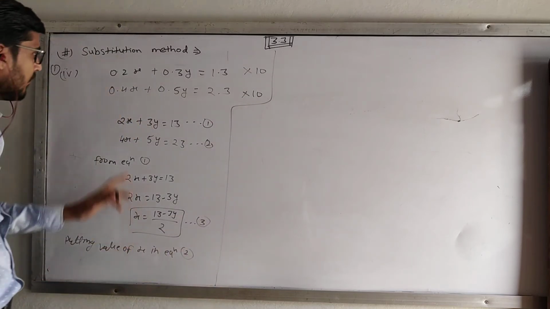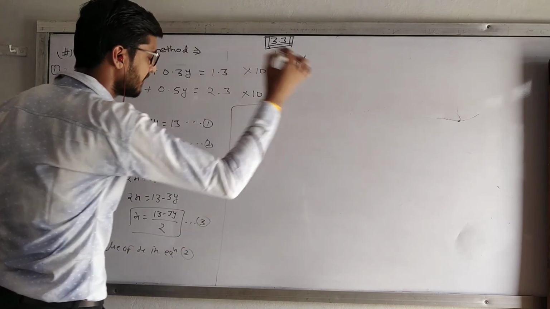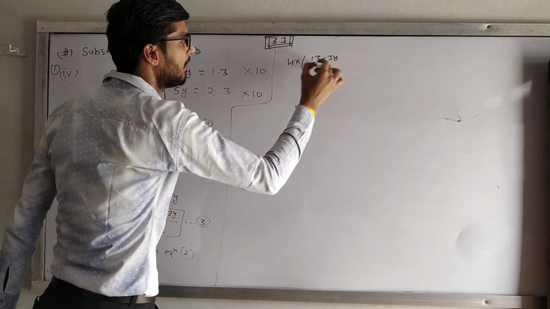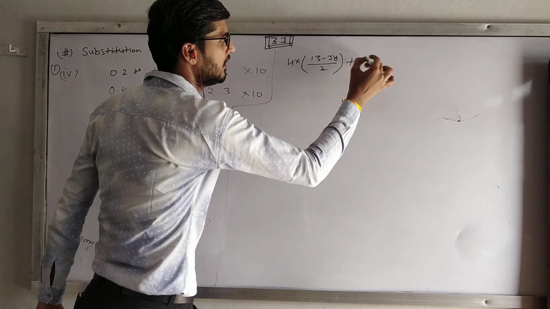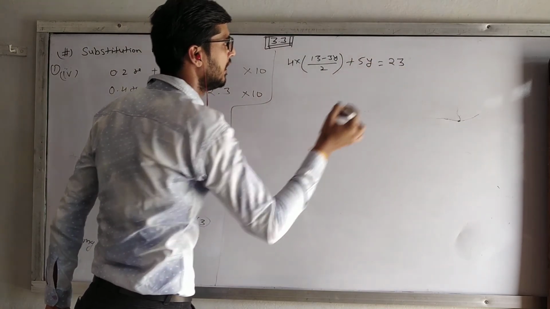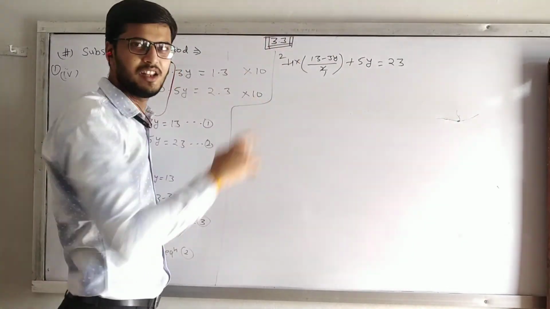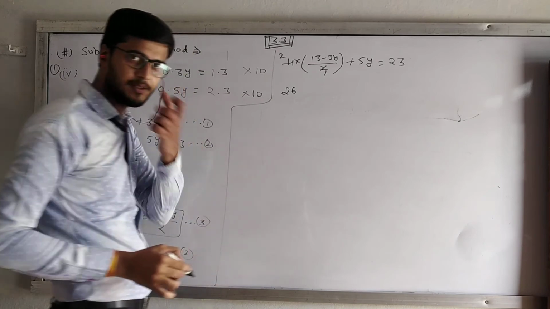So what is our second equation? The second equation is 4 multiplied by x, where x is (13 minus 3y) by 2, plus 5y equals 23. So 2 1s are 2 and 2 2s are 4, so we multiply 2 by this bracket. 2 multiply 13 we get 26.